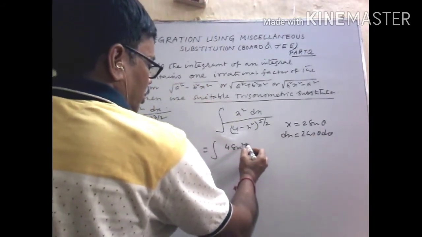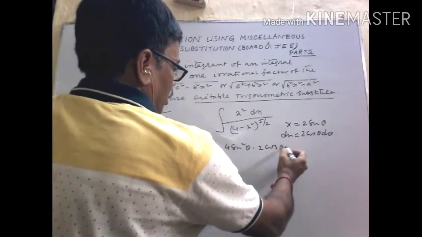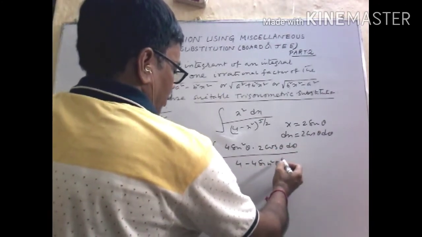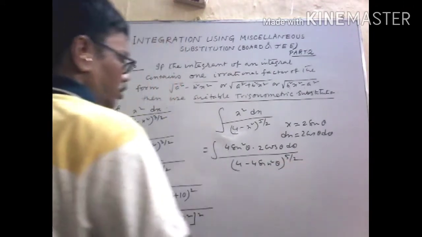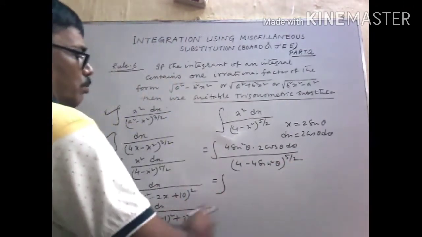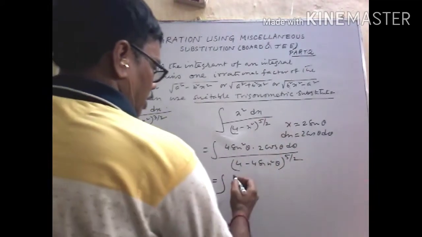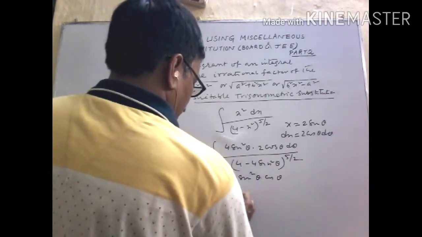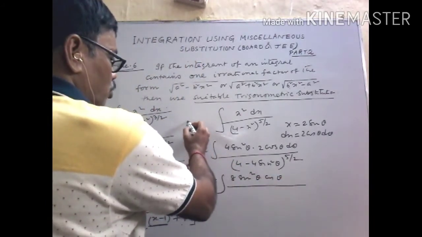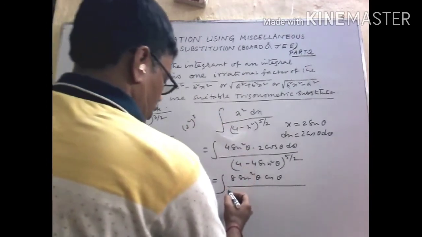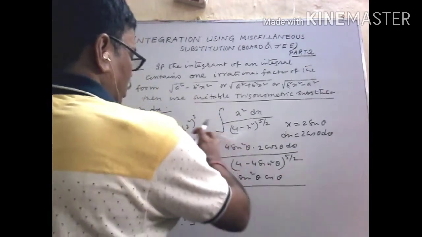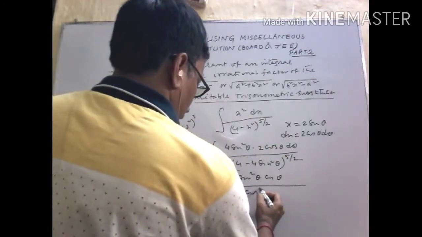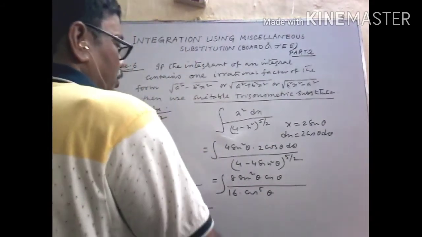So this is 4 sin square theta into 2 cos theta d theta over 4 minus 4 sin square theta whole to the power 5 by 2. Now our aim is to remove this fractional part. So 8 sin square theta cos theta over 4 to the power 5 by 2, that is 2 square to the power 5 by 2. So this is 16 cos square theta to the power 5 by 2, cos square theta, so cos to the power 5 theta.